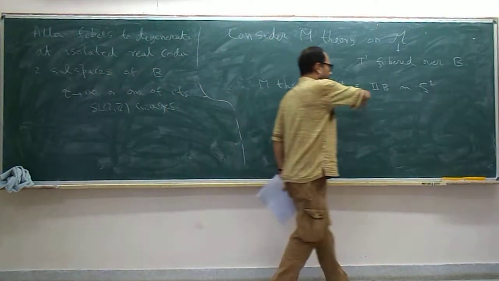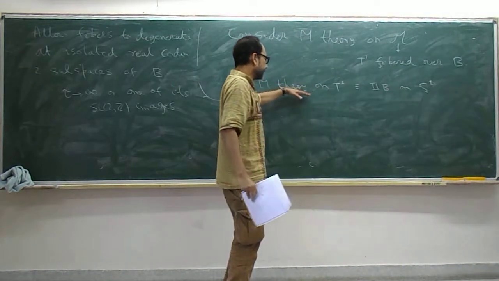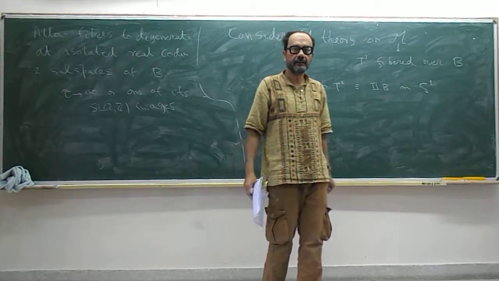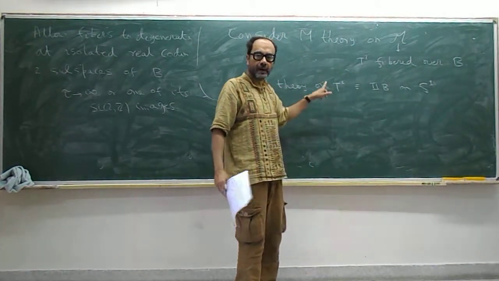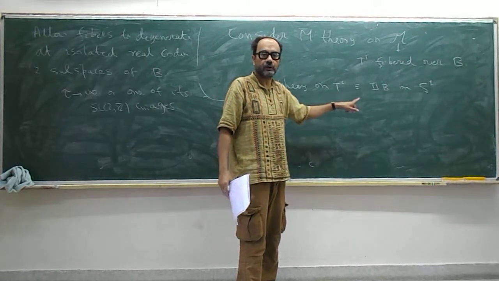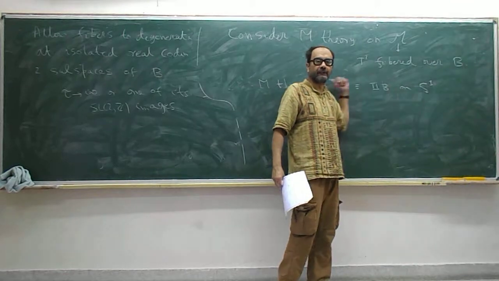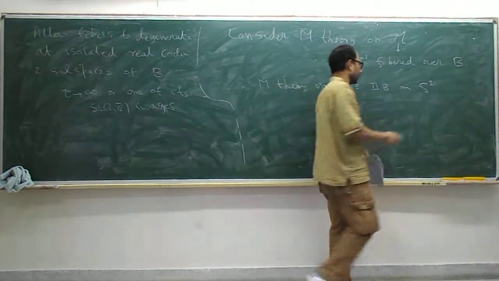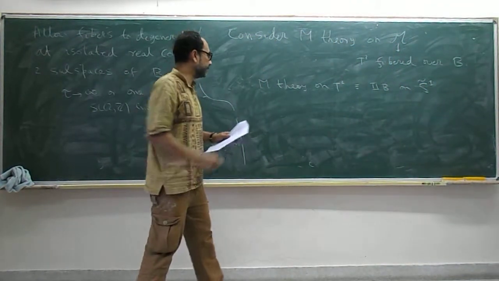Pardon? You needed T-duality to go to A from B. Yes. So M theory on T2, first of all, is 2A on S1, and that's the same as 2B on S1. I am calling this S1, but this S1 is not the S1 of the torus. If you want, call it S1 tilde, to distinguish it from any of the S1s which are inside T2.